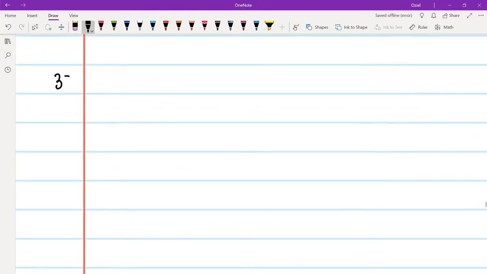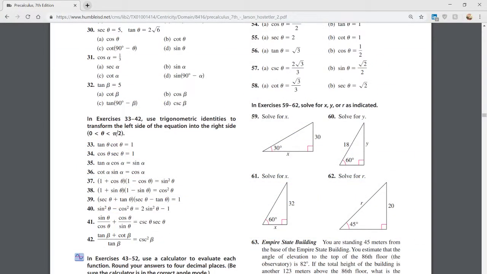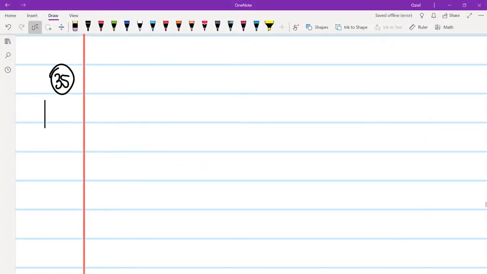And then 35, let's see 35. We have tangent of alpha times the cosine of alpha equals sine of alpha.